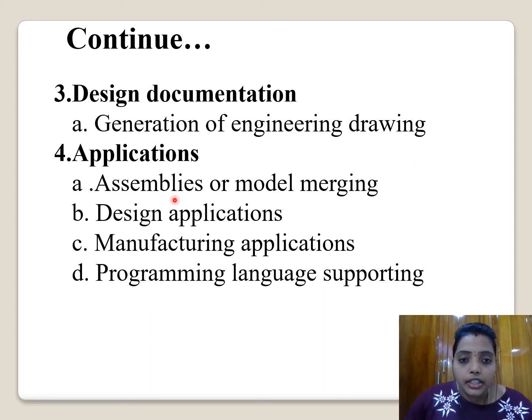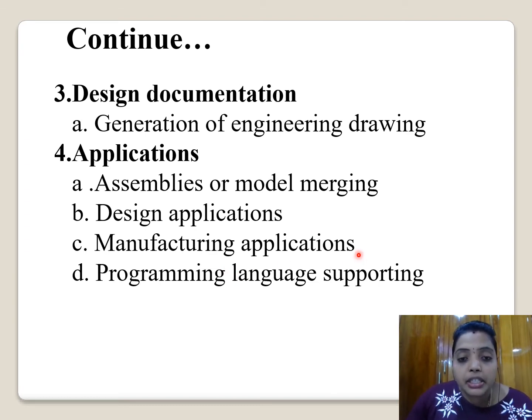After that, what are the applications of the CAD software? Assemblies or model merging. Here we can assemble our combination of models in the CAD software. After that, design applications, where we use these designs, all come under the CAD software. After that, manufacturing applications.